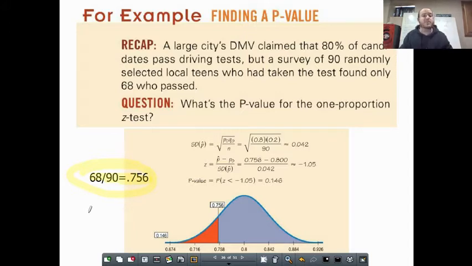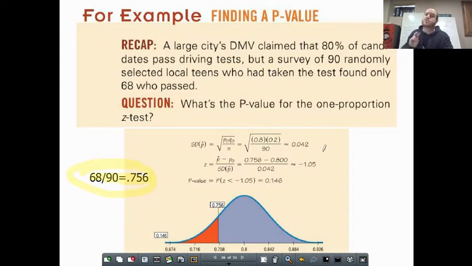So we're saying, hey, what's the probability we would get that 75.6% if the 80% were true? Now, how do we go about doing this? Remember, we would first off need our standard deviation. In order to find our standard deviation, we take the probability of success for the assumed correct 80%, times the probability of failure, which would be 20%, divided by your sample size, which is 90, and then take the square root of the whole thing. That gives us about 0.042.